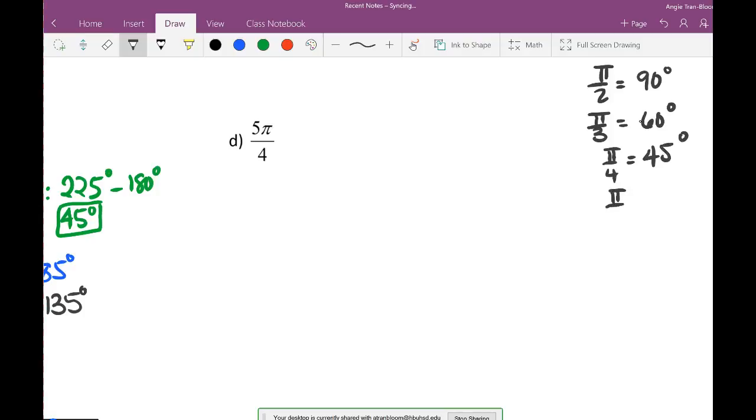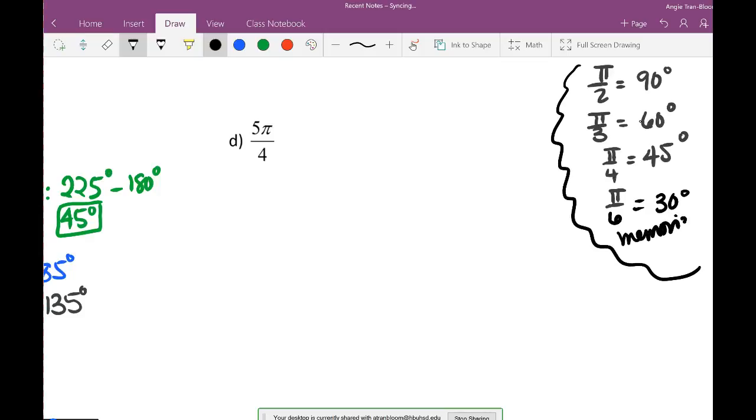How about pi over 3? I'm sorry, I already have pi over 3. I mean pi over 6. What is that in degrees? 30. Okay. So those are the basic angles, radian conversion to degrees, okay? So guess what I really want you to know? You need to memorize these, okay? It will come in handy.